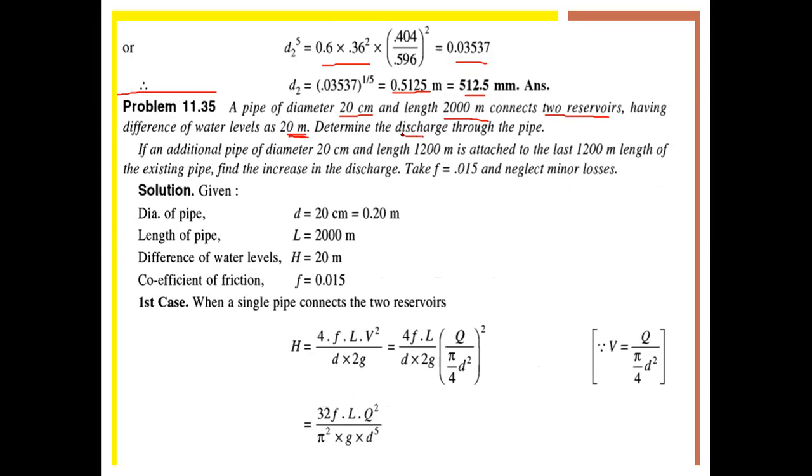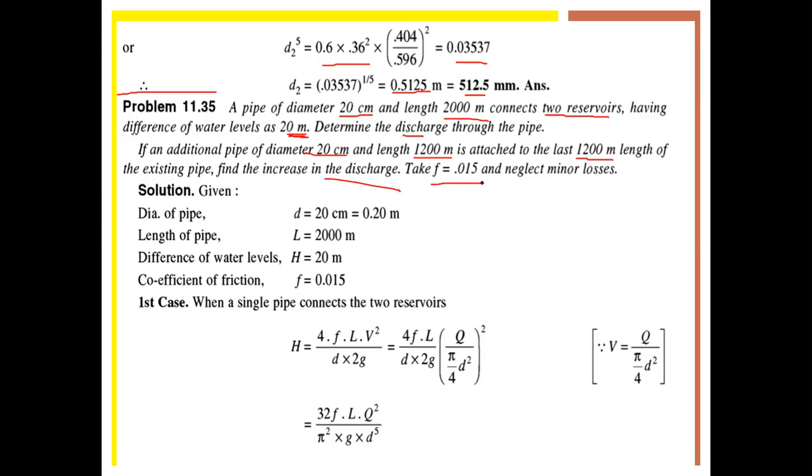Determine the discharge Q through the pipe. If an additional pipe of diameter 20 centimeters and length 1200 meters is attached to the last 1200 meters length of the existing pipe, find the increase in the discharge, and take f equal to 0.05 for all three pipes, neglecting the minor losses.